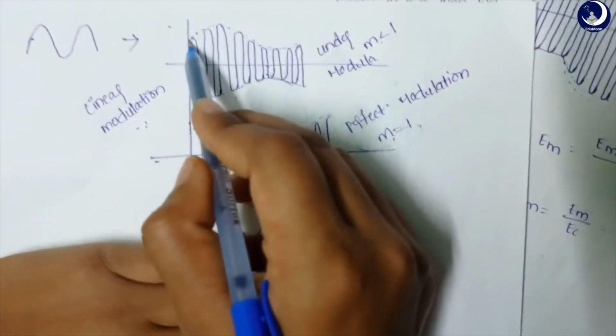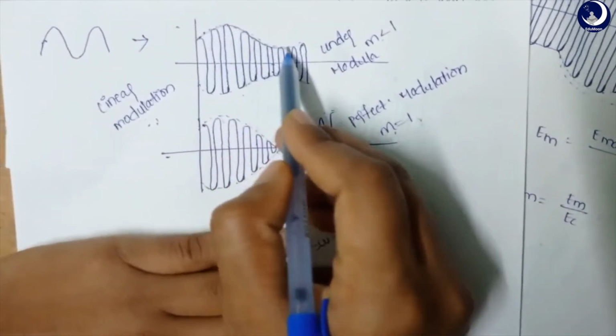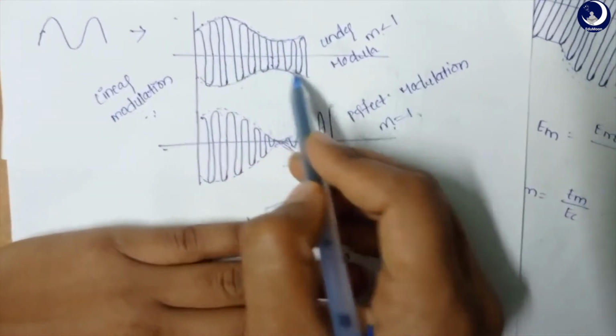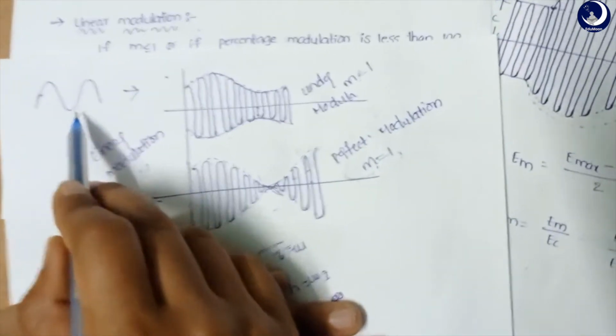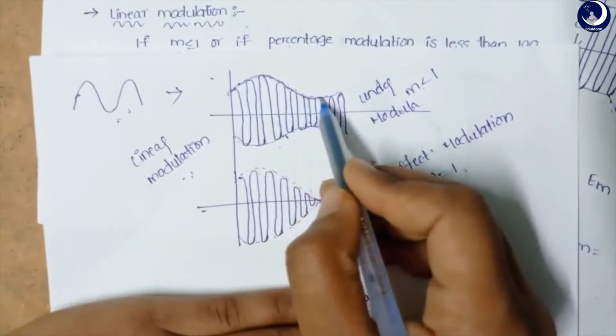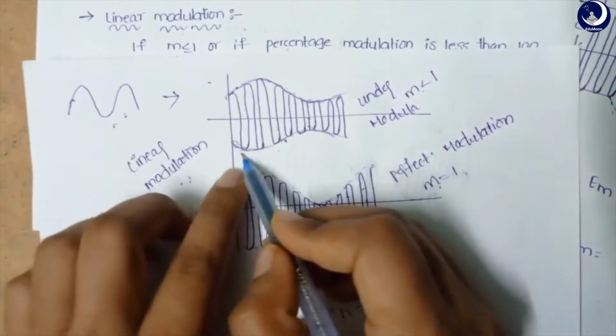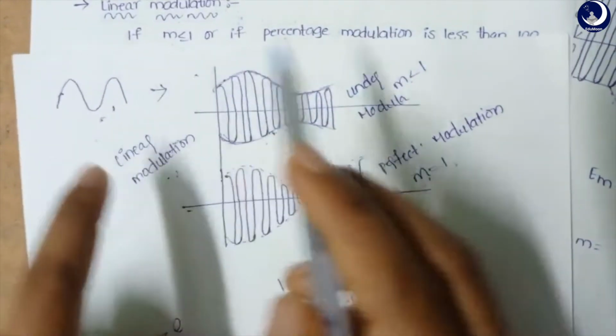Look at this, we can see an imaginary wave, right? And this is almost similar to our message signal. That means we can detect our message signal from this modulated wave. Even by looking at it, we can say that this is similar to the message signal.